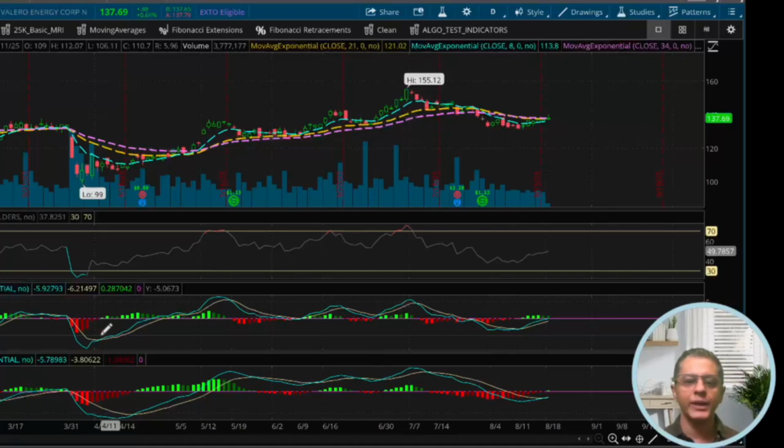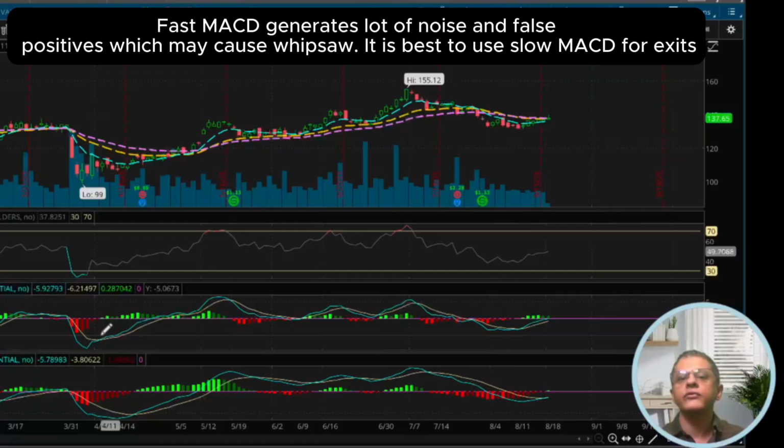Now you may ask, if it uses a fast MACD to spot its entries, why wouldn't you want to get out using the fast MACD too? Because that way you will catch your losers much earlier. The reason I don't do that is because the fast MACD will generate a lot of noise. And sometimes if you're using that to exit, it may just be noise.